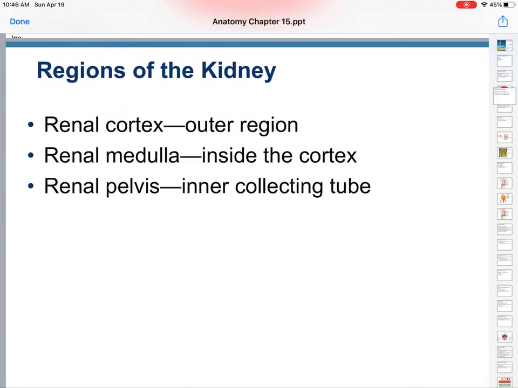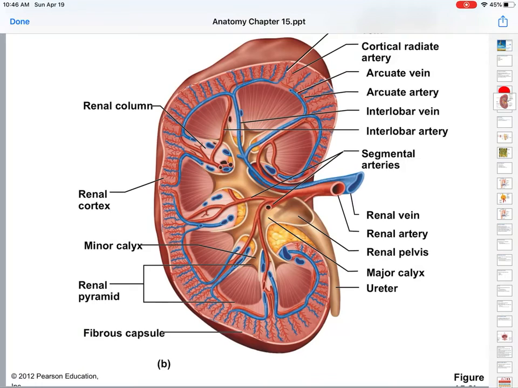Regions of the kidneys. 3 major regions: cortex, medulla, and pelvis. The outer region is the cortex, all these little tiny blood vessels that you have here along the outside is the cortex. Then you get the medulla, the inside, where you get your pyramids and you get your columns, which we'll talk about in a second.